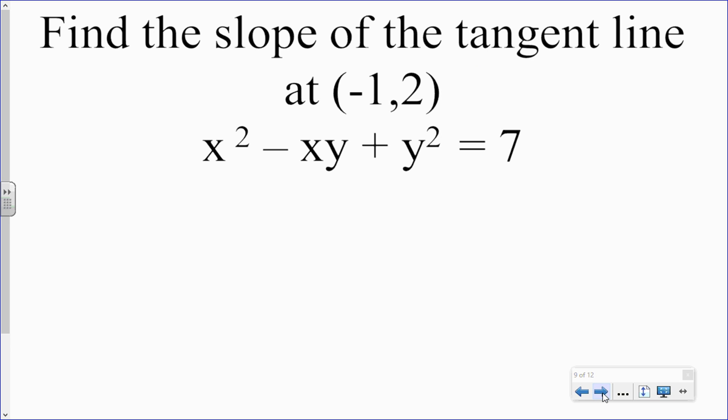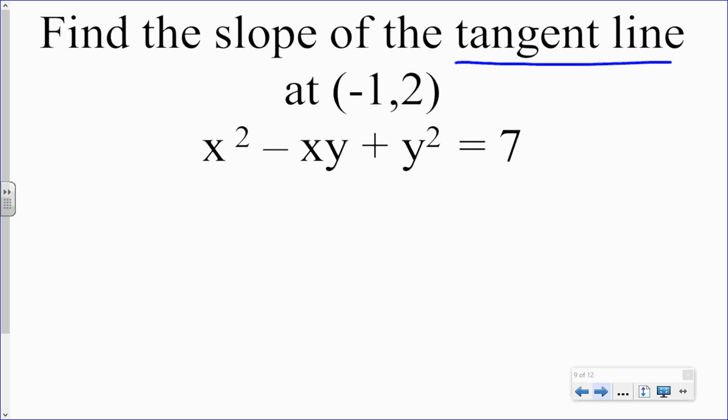Okay, so if we want a tangent line equation, what's the first thing that we need to find? We need to find the derivative, and with the derivative, we can figure out the slope of that point. So let's talk about the derivative.